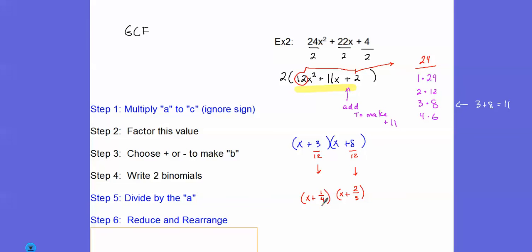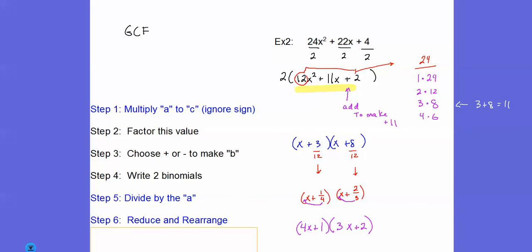What the rearranging says is that this 4 should become the coefficient on this particular x, leaving for us 4x plus 1. This is my first factor. This 3 actually needs to live in front of this x, becoming a coefficient, 3x plus 2. I need to not forget that there was a GCF.